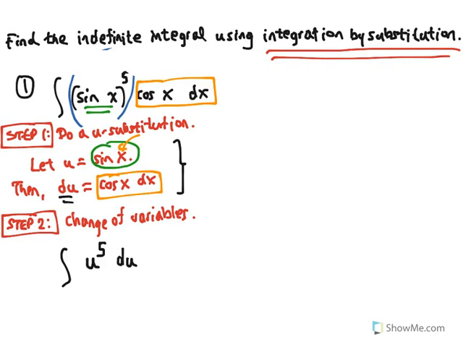So this is our change of variables step. What have we accomplished? We accomplished simplifying our original problem into a form that we can easily integrate by using one of the basic integration rules that we learned about, specifically the power rule for integration in this particular case.